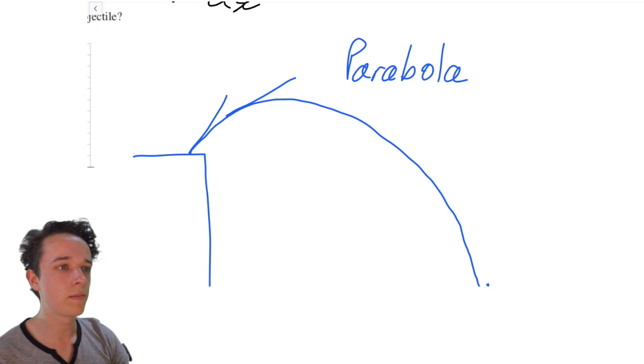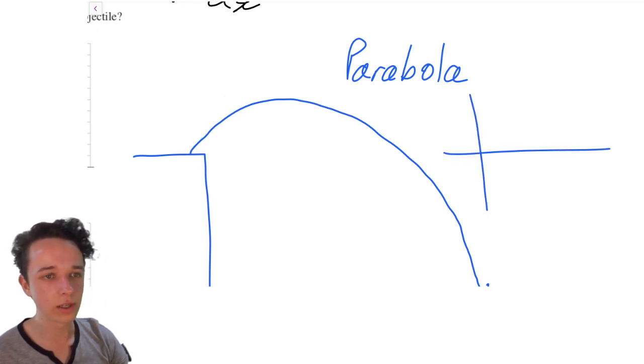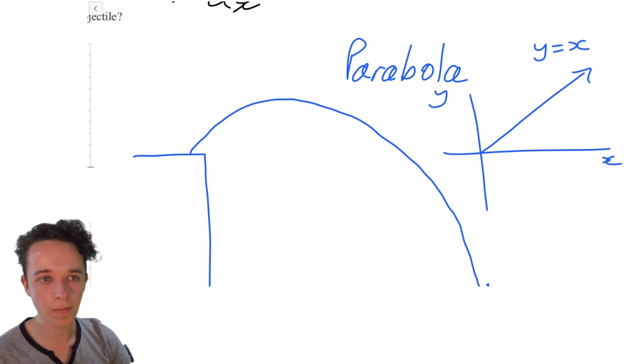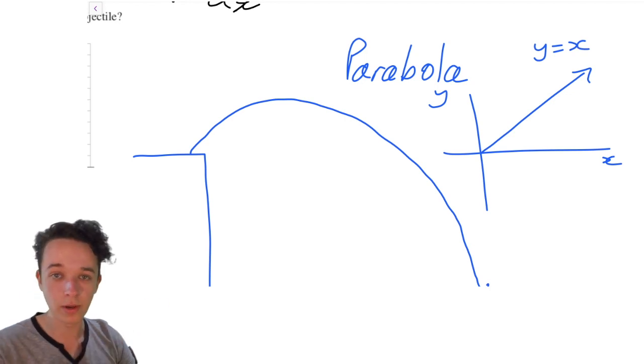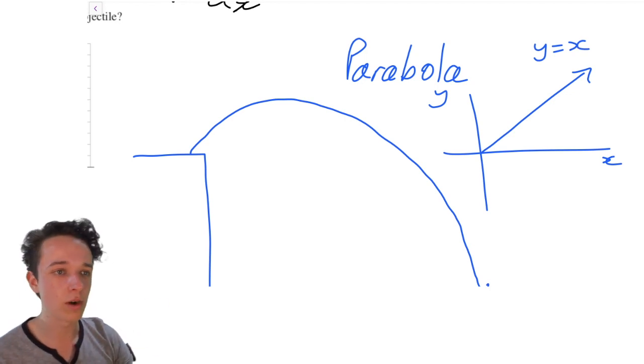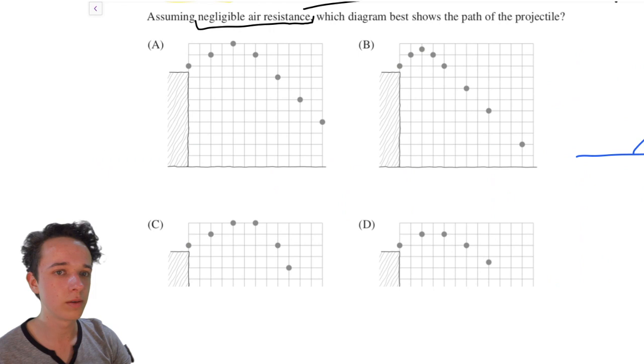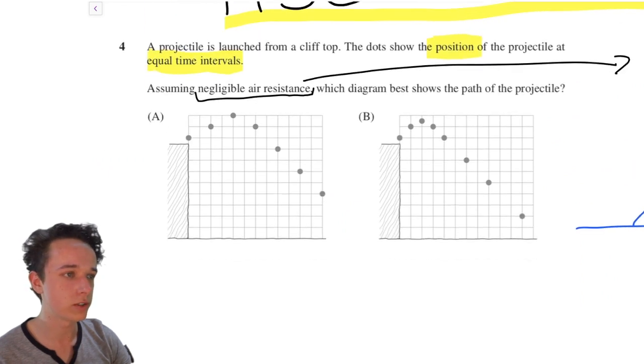You're not going to have just, if you consider a straight line, say this is x, say this is y, you had some line y equals x, the gradient there is constant throughout the entire graph. But on a parabola, the gradient changes. So that's an important point from math that should be considered when doing this question.